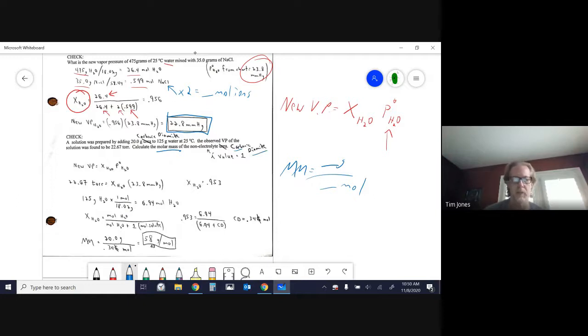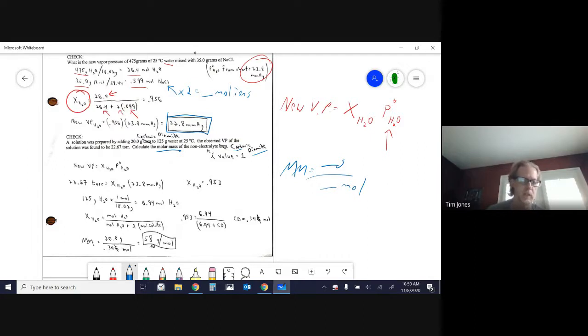I think I chose that just because it sounds cool. I don't know what it is. And at first, it doesn't seem to be related to this concept. But because moles is in this calculation of Raoult's law, we can use it to find moles, and then that helps us find molar mass.